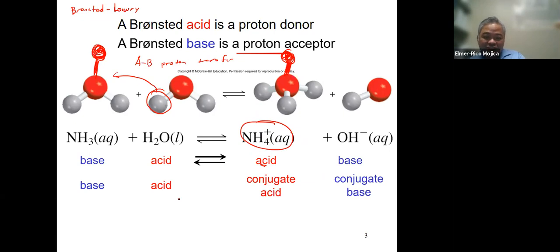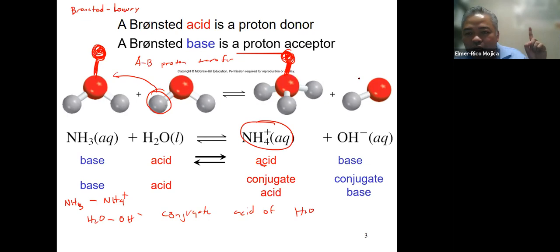Now, what is the conjugate acid of H2O? Because if you look at this, you have NH3, NH4 plus, and then you have H2O, and then OH minus. So if you say conjugate acid, what do you observe?